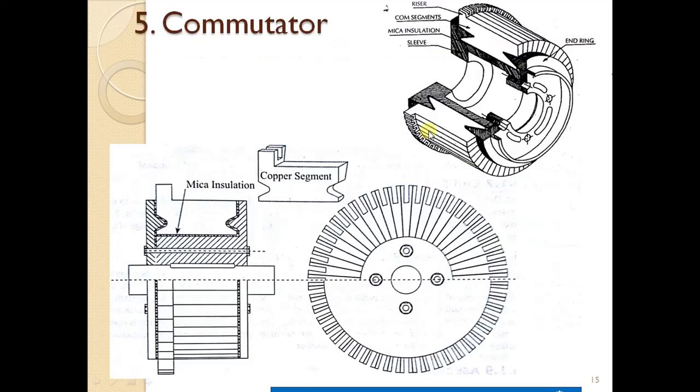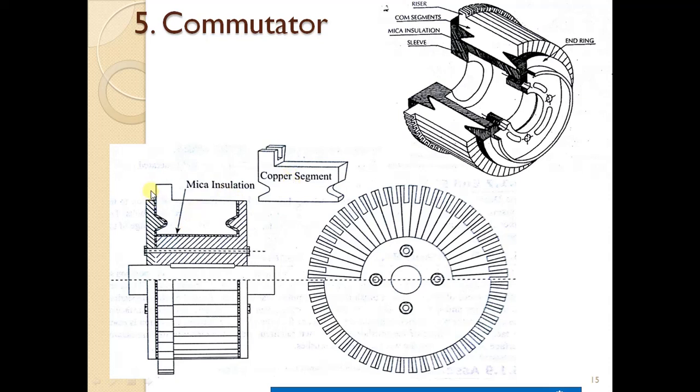Okay, now a very important component is the commutator. So here you can see this is the flattening part of a commutator, and this is the riser of a commutator, and below that we will be having some insulation, that is mica insulation here. This is made up of copper segments, nothing but commutator segments. Okay, and here you can see the end rings. See, the same thing they have written here.